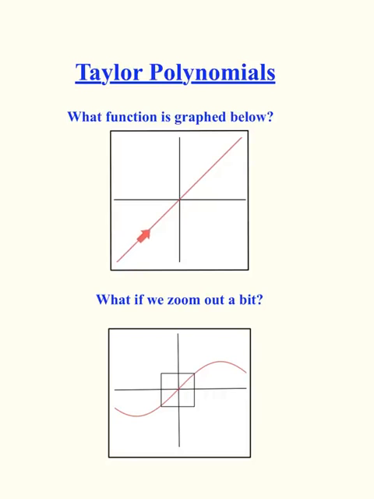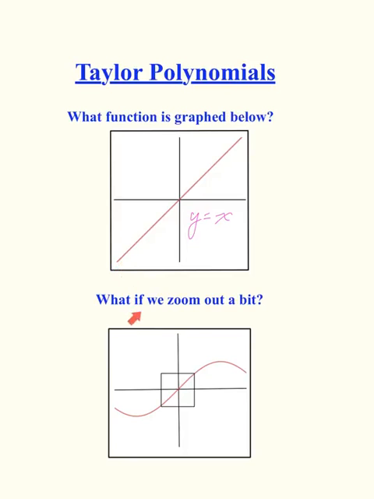If we look at this function right here, we might say that the graph of this is a line, and the equation of that line would be y equals x. That would be true in most situations. However, what we need to think about in calculus is this concept of local linearity.